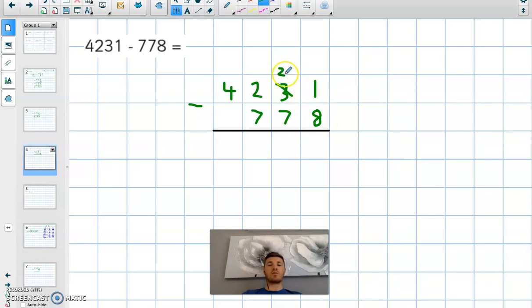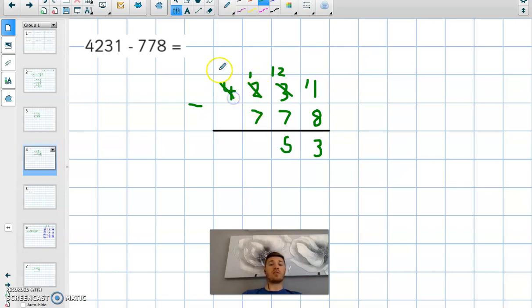So 3 becomes the 2. And then the 1 becomes an 11. 11 take away 8 is 3. Okay. 2 subtract 7. Can't do. Need to borrow. So 2 becomes a 1. That 2 then becomes a 12. 12 take away 7 is 5. 1 take away 7 you can't do.